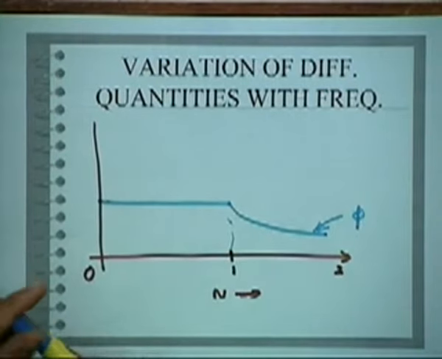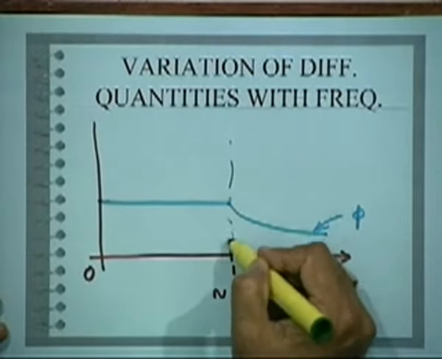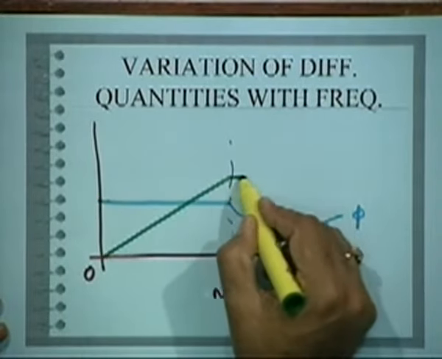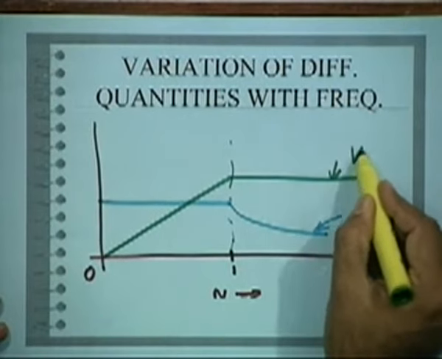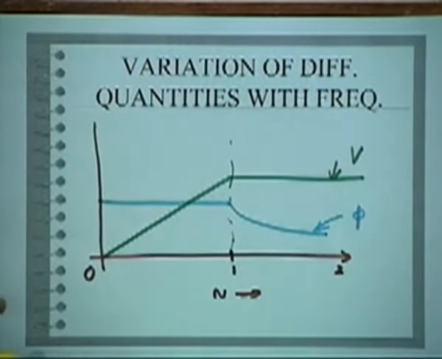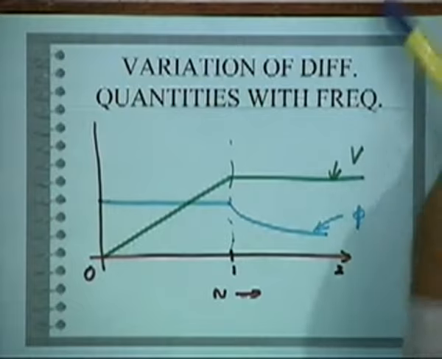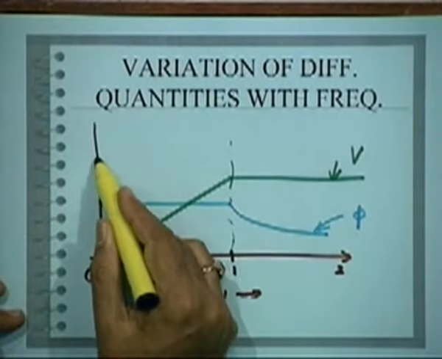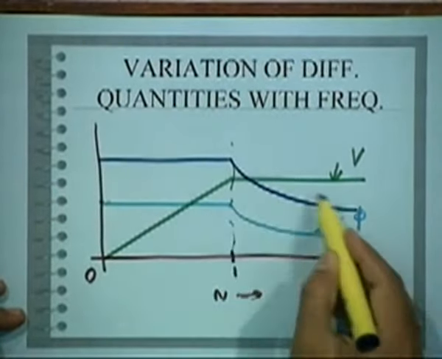Okay. If you want to plot the voltage, what will be the variation of voltage? It will increase, this will be the variation of voltage, right? And allowable torque, again you can plot some constant torque.